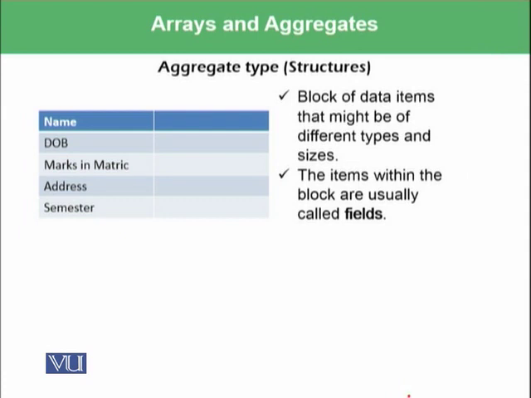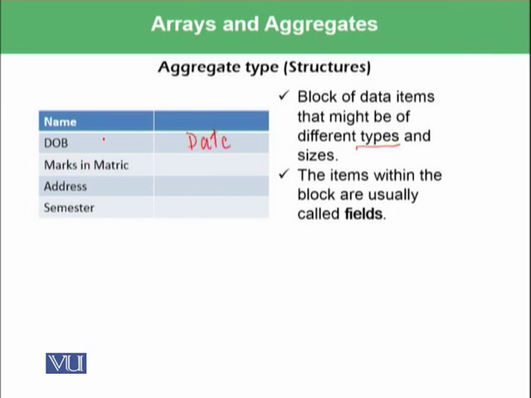As far as arrays are concerned, they should be of the same type. However, there is another type known as an aggregate, which stores a variety of data items that might be of different types. For example, for a student, date of birth is of type date, which can be stored.